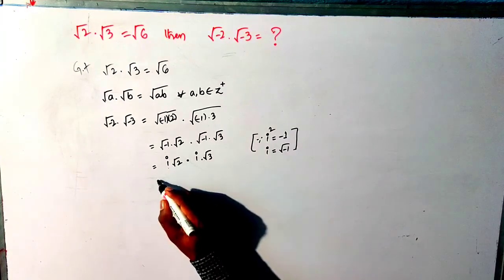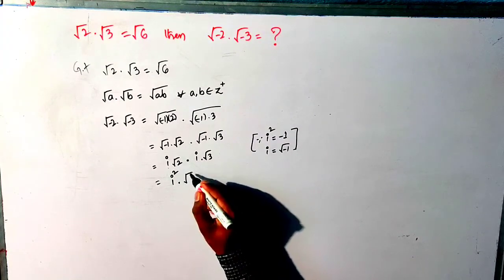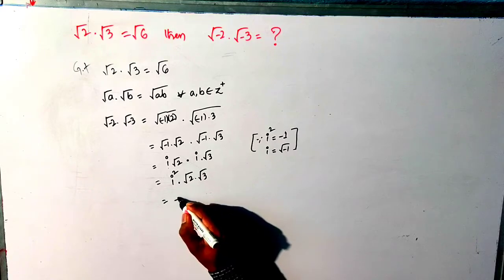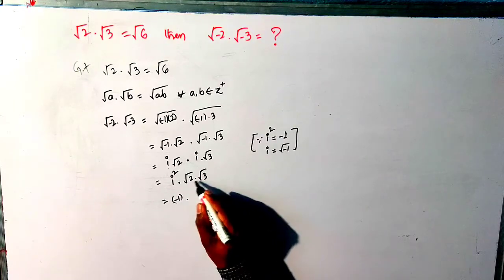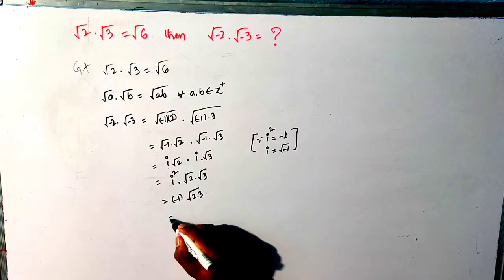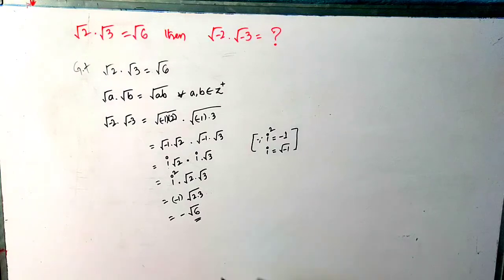So i into i, we get i square into square root of 2 into square root of 3. That is minus 1 into root a into root b, again root ab, that is 2 into 3. So minus 1 into root 6.